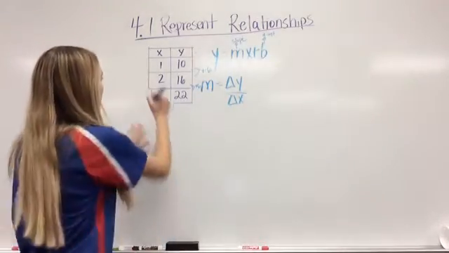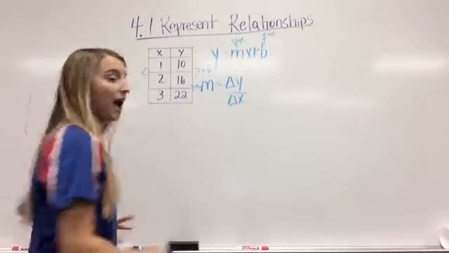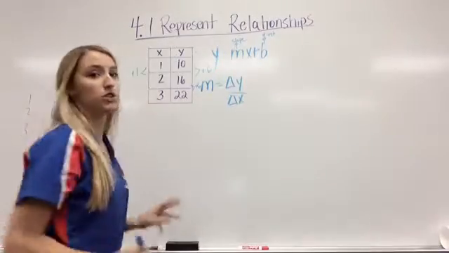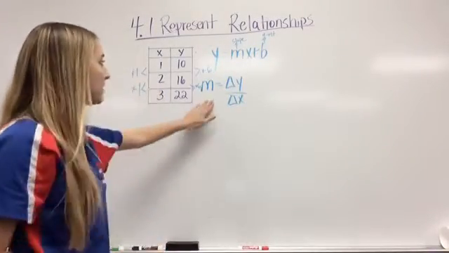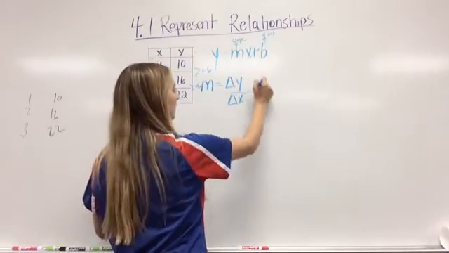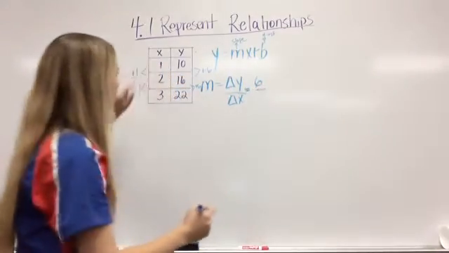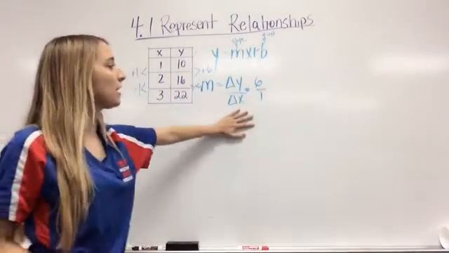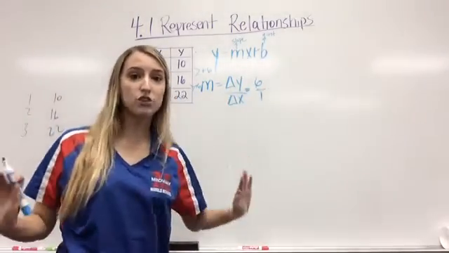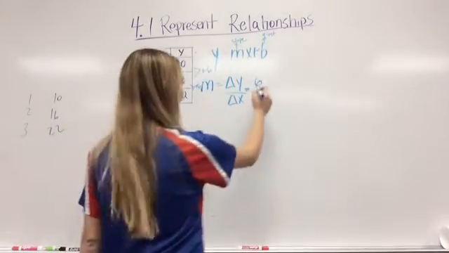Let's look at my change in x. To get from 1 to 2, I add 1. To get from 2 to 3, I add 1 again. Okay, so now my change in y was 6, and my change in x was 1. So my slope then is 6 over 1. We could also reduce this to just 6.